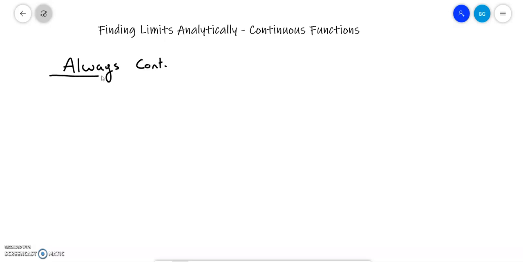And these functions are, of course, linear functions. And in fact, maybe I'm just going to put polynomials. Of course, we know linear functions are polynomials. But I just think most of the time when we think about polynomials, we think higher order polynomials: quadratics, cubics, quartics, those things. Maybe we should put linear functions here. Exponentials are always continuous.